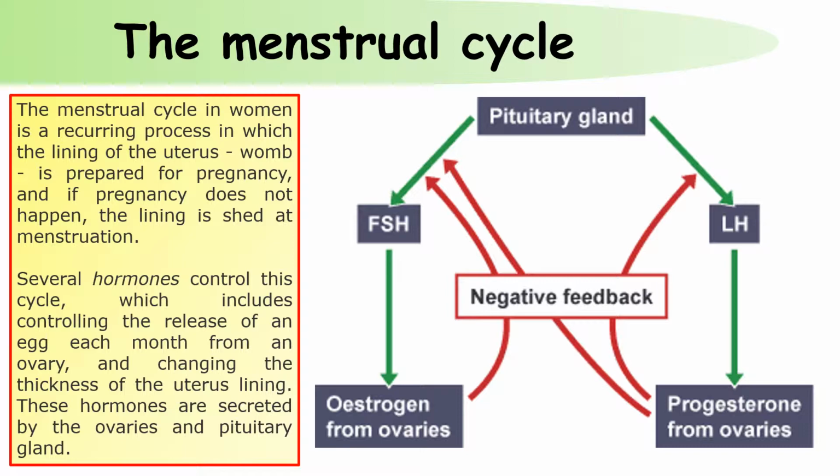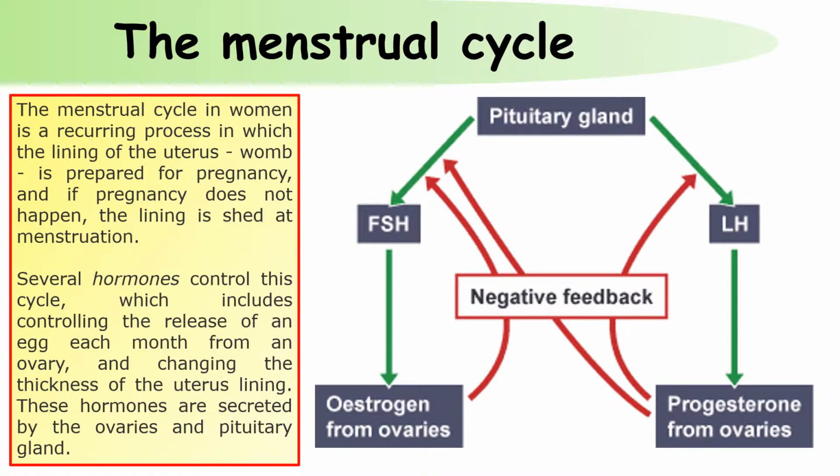The LH travels back round in the blood to the ovaries and causes the mature egg to be released from the egg follicle. The mature egg then moves down the fallopian tubes towards the womb in preparation for it to be fertilized. The empty egg follicle releases the hormone progesterone for about 7 days.